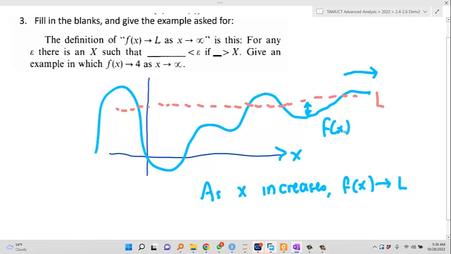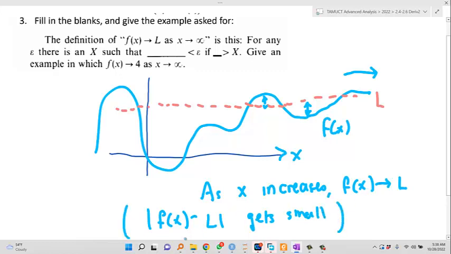The distance between f of x and this horizontal line gets smaller and smaller. It means f of x minus L. Now, it could be a positive difference, it could be a negative difference, but it's still going to be small. So it gets small. Okay, that's what it means that f of x goes to L. It means f of x minus L gets small.